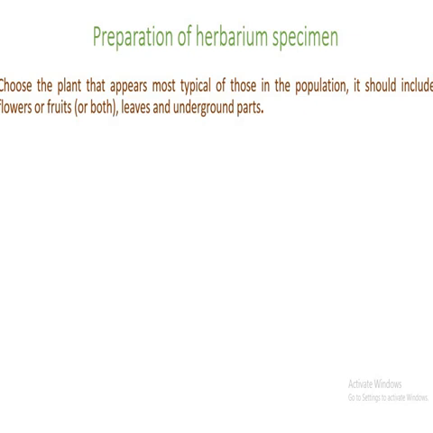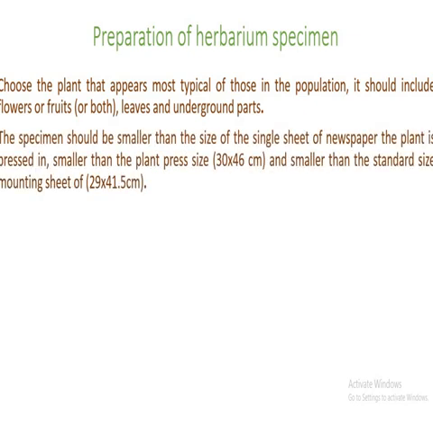Your specimen is sterile. Now next, ensure that the plant you are collecting has been reduced. You trim it in size so that it fits onto the size of a plant press, which is normally 30 centimeters by 46 centimeters. And again, it should be smaller than a typical mounting sheet, which is normally 29 by 41.5 centimeters.